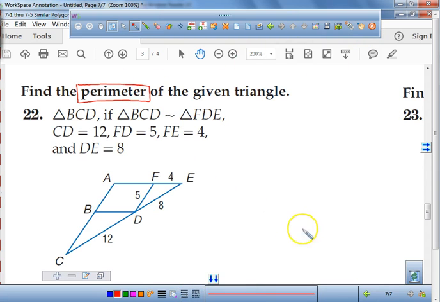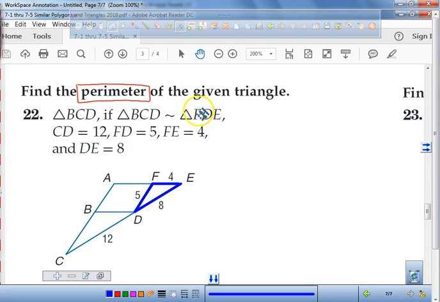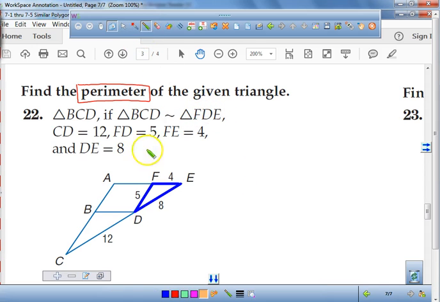It's pretty cool. So what I want you to do is we are going to trace one triangle all in blue. So this triangle is going to be traced in blue. And this triangle right here, F to D to E, is similar.